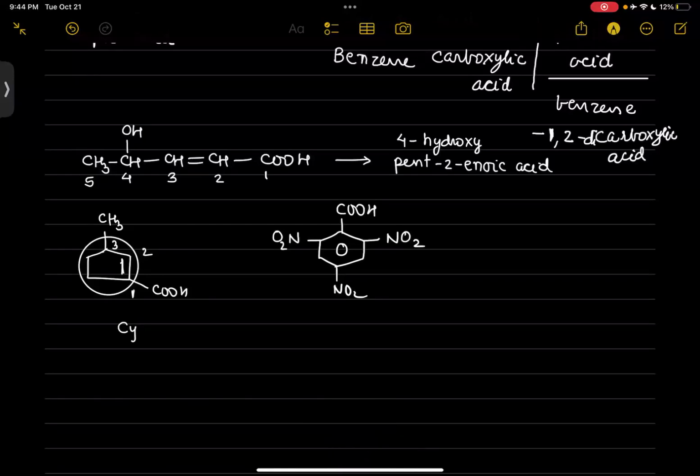This is cyclohexene, and I'm not going to use oic acid. That is for a linear chain.